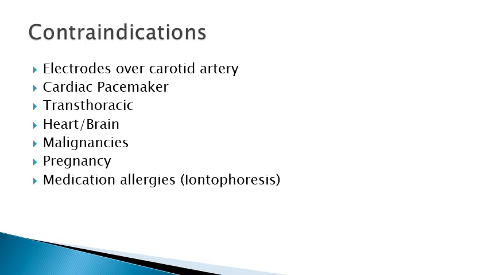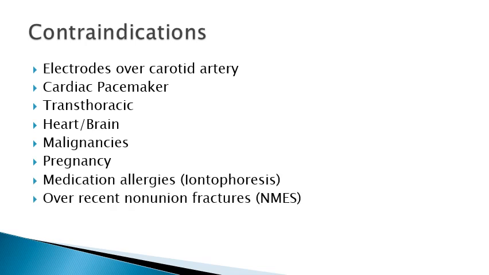Your contraindications for stim. These are all different contraindications that you have, and I mentioned specific ones. We break this down a little bit further in lab, but this is commonly what you'll see. You never want to put electrodes over the carotid artery, or anywhere near a cardiac pacemaker. You don't want to run the pads transthoracic, so you don't want to run them across or through the thoracic region, over the heart or brain, or over malignancies.